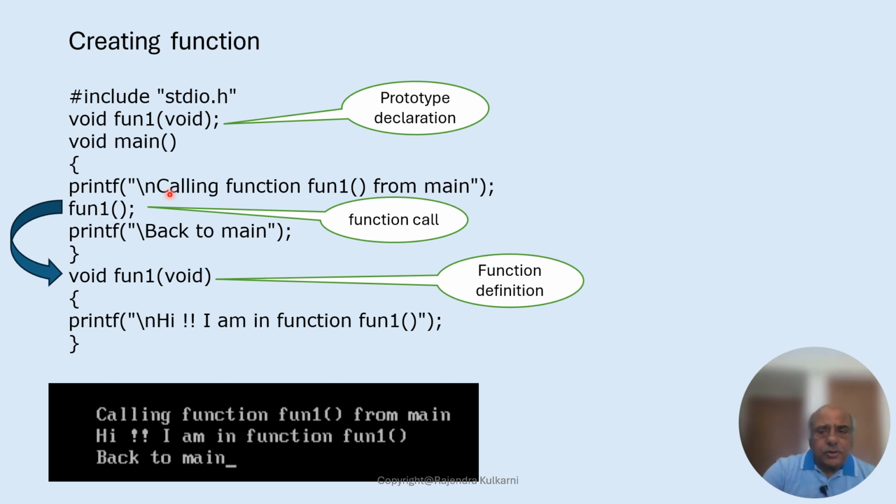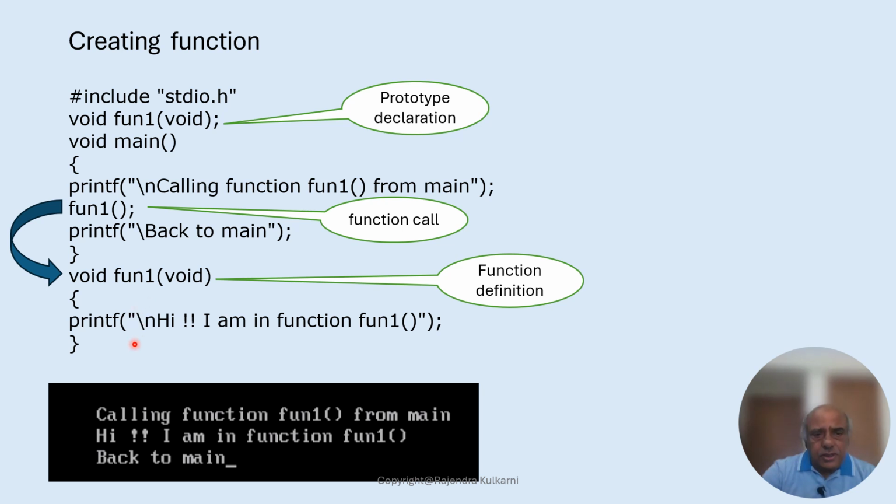So when the program control reaches a statement like fun1, or when it reaches the name of the function mentioned in the program, control jumps from that statement to the function definition. So here, after fun1 is encountered, the program control jumps onto the function definition.